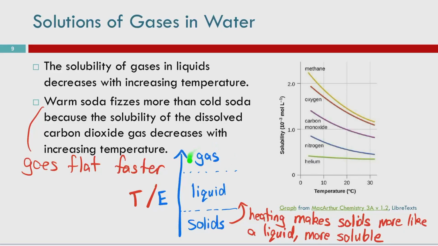What happens if you increase the temperature of a gas? Does it become more or less like a liquid? It becomes less like a liquid, so as you heat it up, it becomes less like a liquid, and so it decreases in solubility.